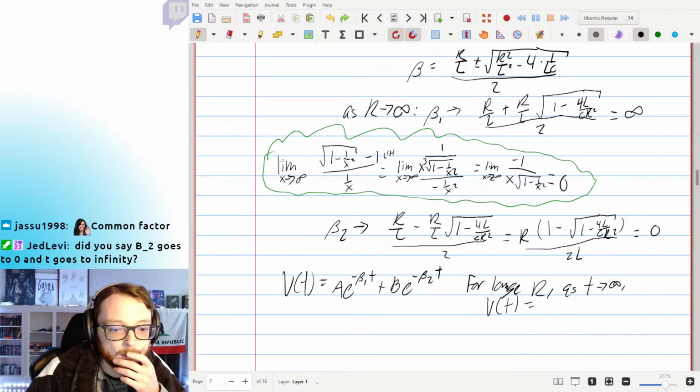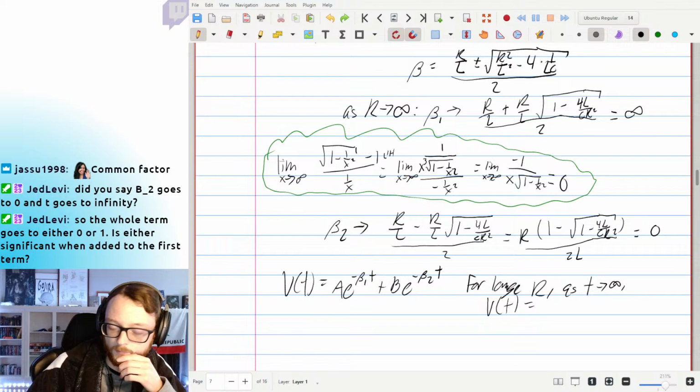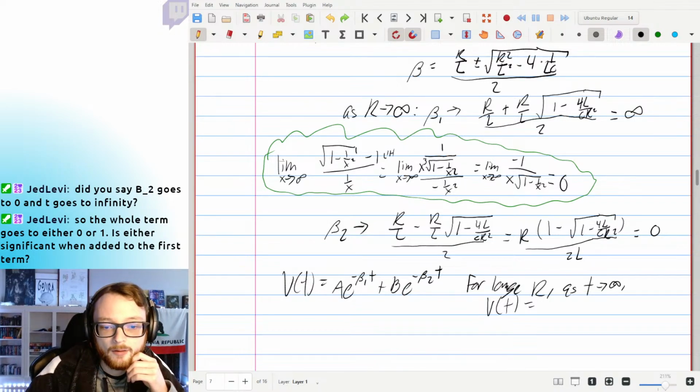Beta 1, beta 2 depend on resistance. The yield term goes either 0 or 1, is either significant when added to the first term. Well, the first one is 0, but I don't think it's accurate to say 1. Is it? No, it is. There's a negative sign there too.